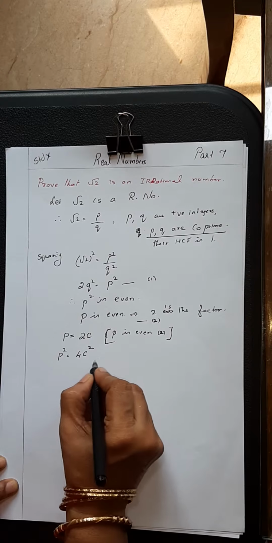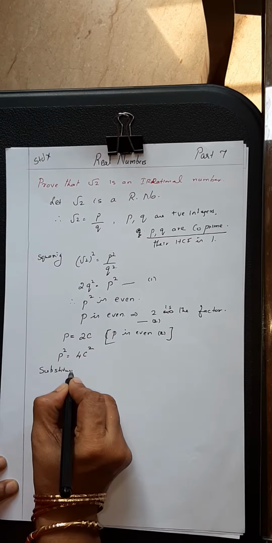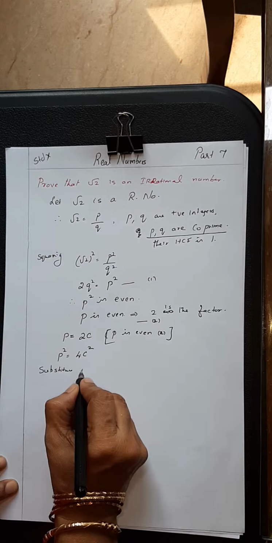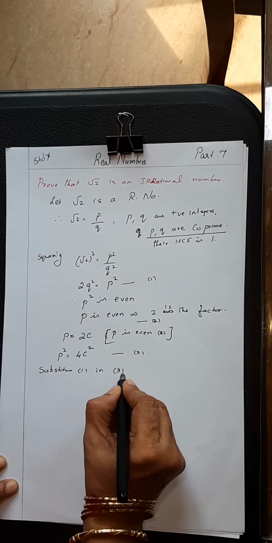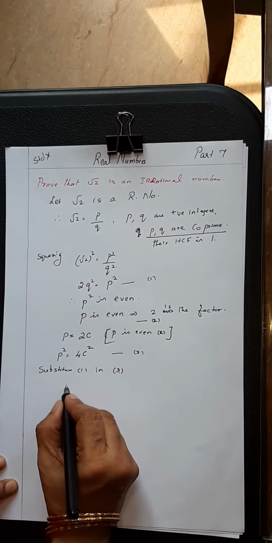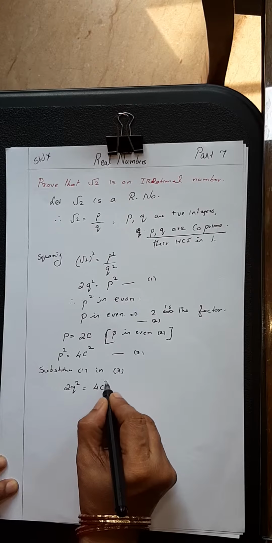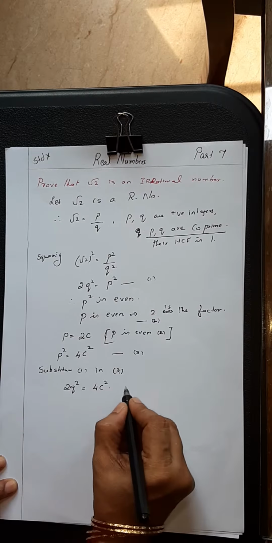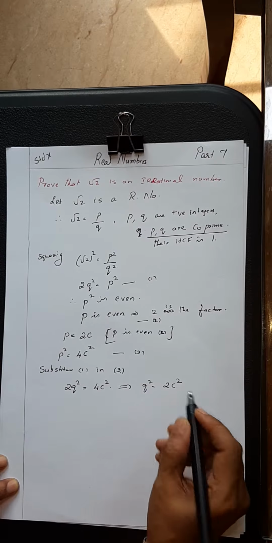Substituting 1 in 3: p squared is 2q squared, so 2q squared is equal to 4c squared. From this you will get q squared is equal to 2c squared.